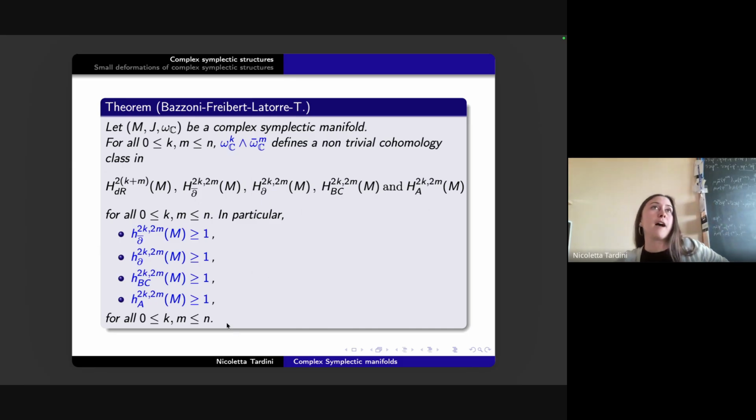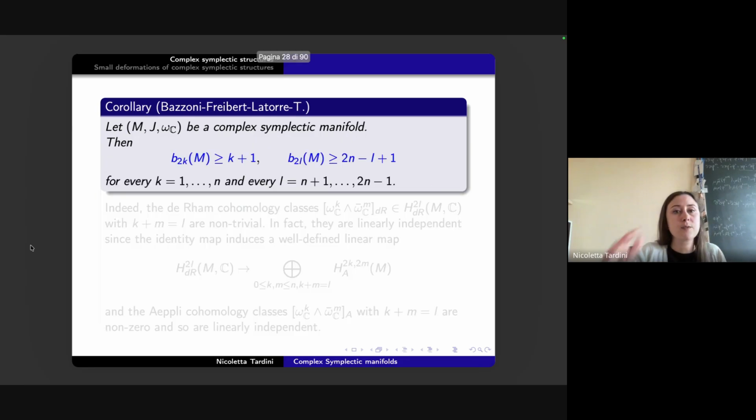So in fact, one can use this result when you have a complex manifold of even complex dimension: you can sometimes rule out examples, saying, okay, you cannot have a complex symplectic structure because you just look at the cohomology, the dimension of the cohomology groups. But in fact, it follows from this result that we actually have also a topological obstruction.